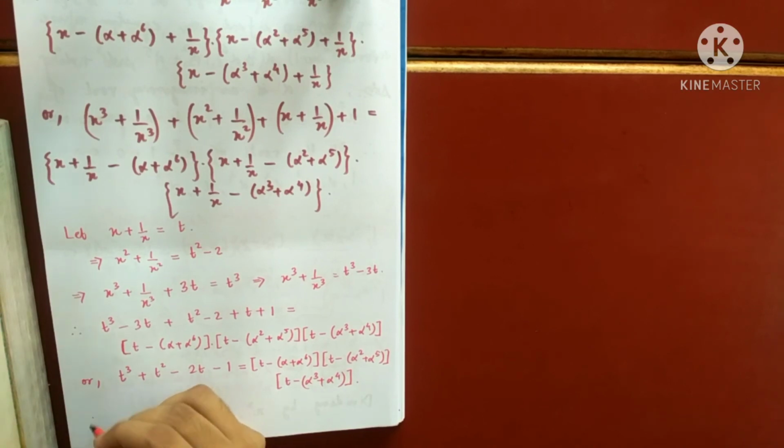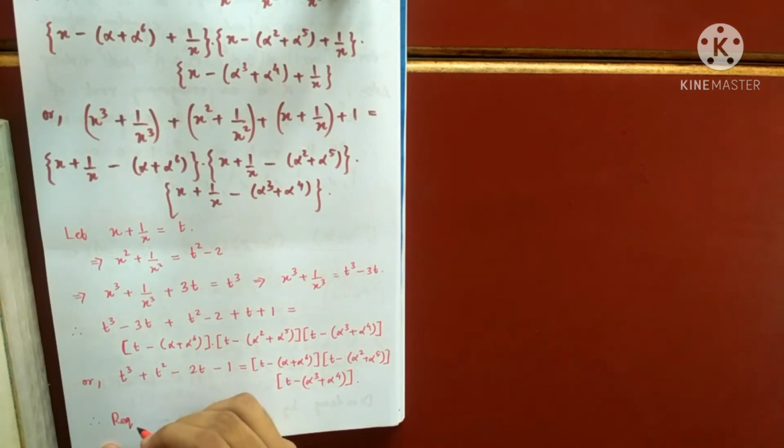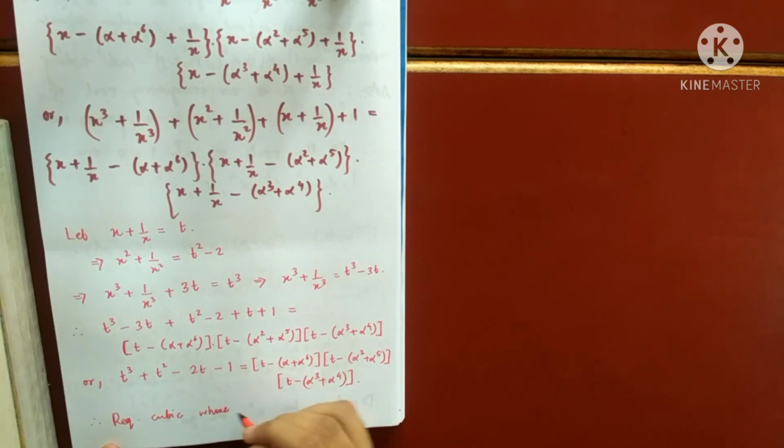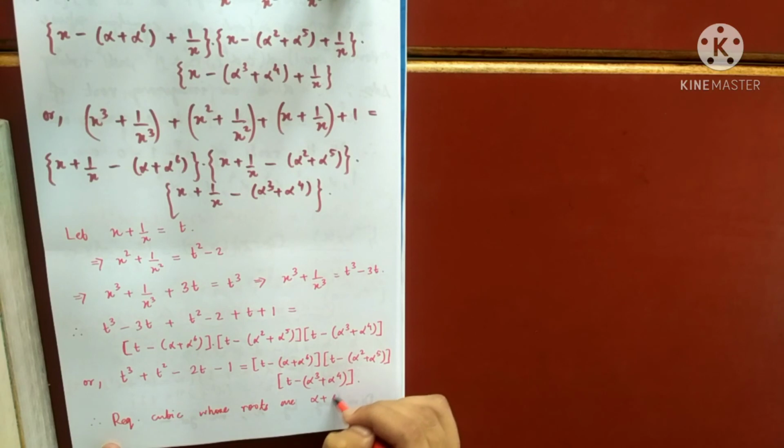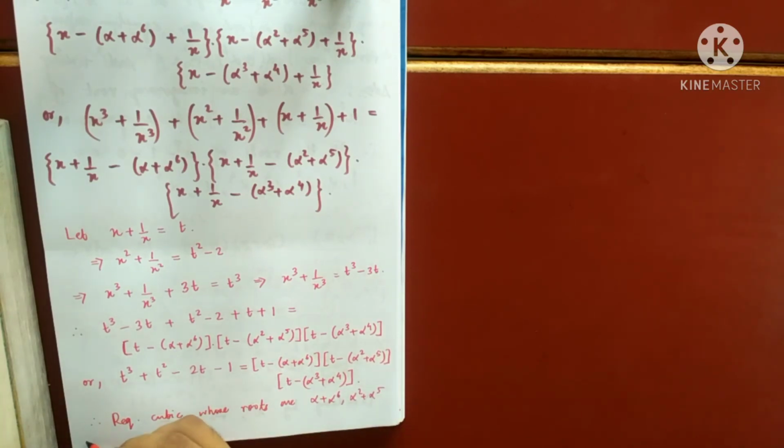So therefore, the required cubic whose roots are alpha plus alpha to the power 6, alpha square plus alpha to the power 5, and alpha cube plus alpha to the power 4 is this: t cube plus t square minus 2t minus 1 equals 0.